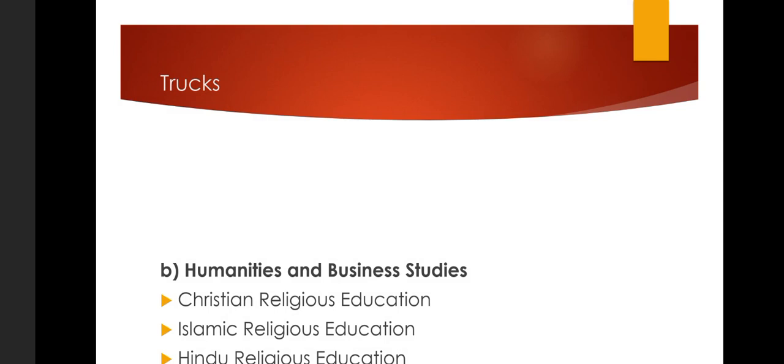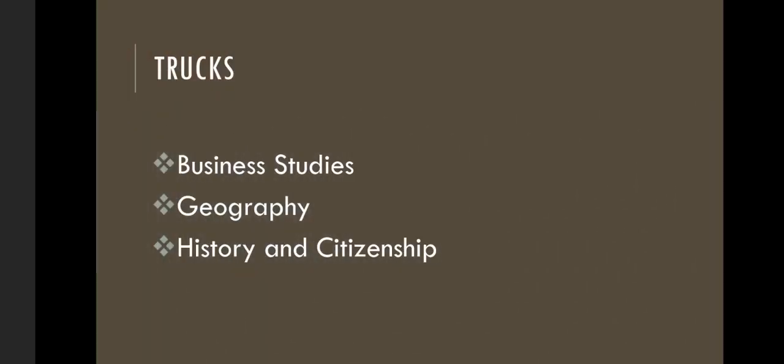Subject number 2, we have Islamic religious education that we also call IRE. Subject number 3, we have Hindu religious education that we also call HRE. Subject number 4, we have business studies. Number 5, we have geography. And finally, number 6, we have history and citizenship.